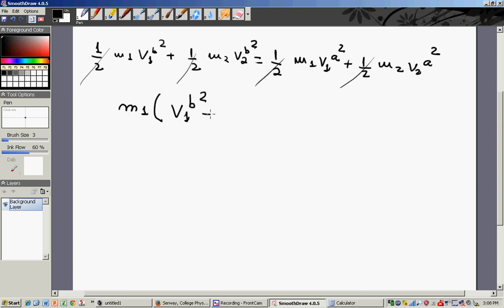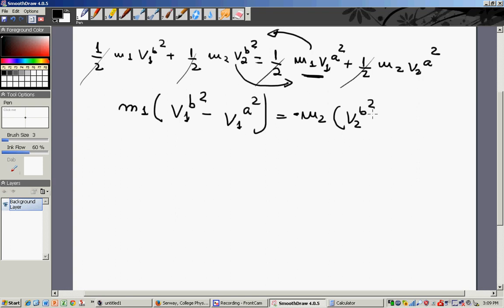What I did was take this term and move it to the left hand side, and as I do, it switches sign. On the right hand side, I have my m2, with a negative here, negative m2. I'm going to take this and move it to this side: v2 before squared minus v2 after squared.